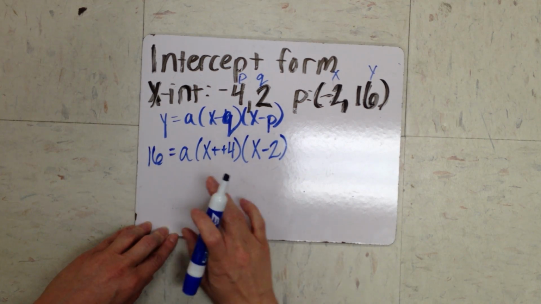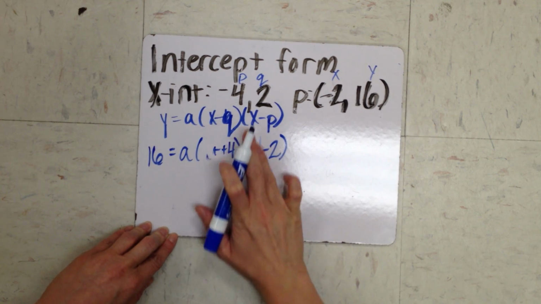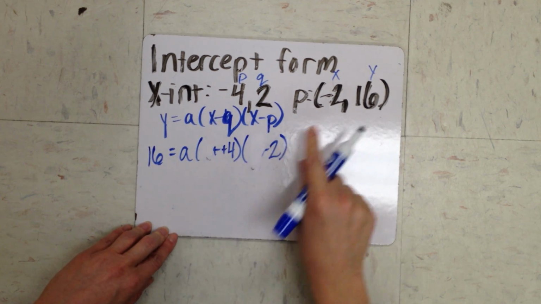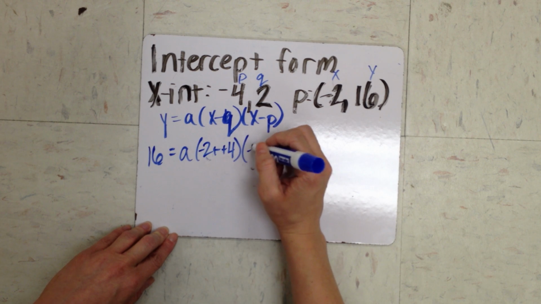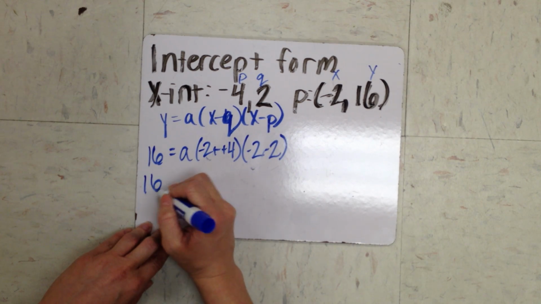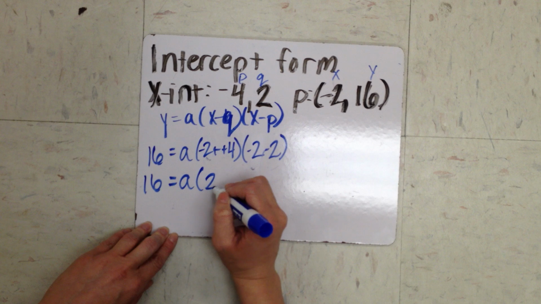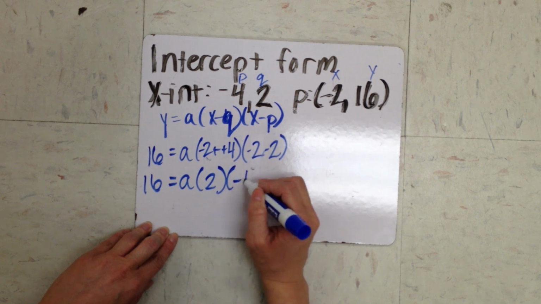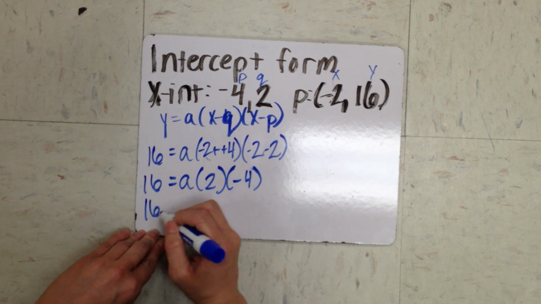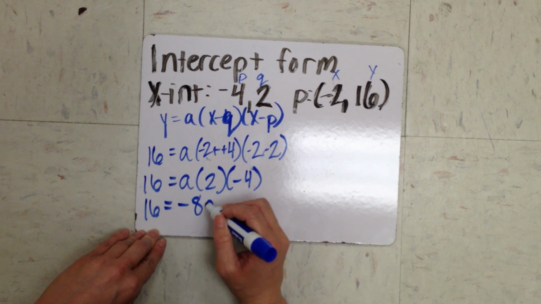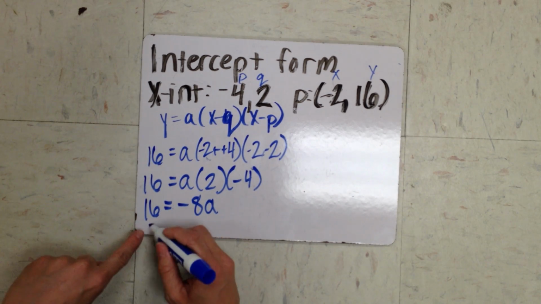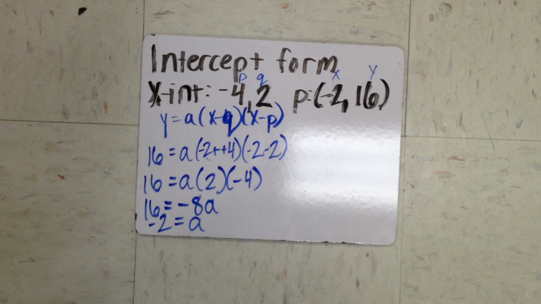Double positives, and I did not substitute in the right values for x, so don't do that. So that will be negative 2. All right, so we get 16 equals a times 2 times negative 4. So we get 16 equals negative 8a. So our a value we get is negative 2.